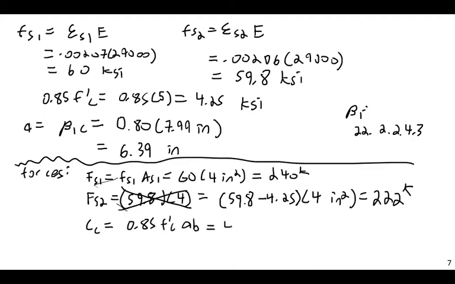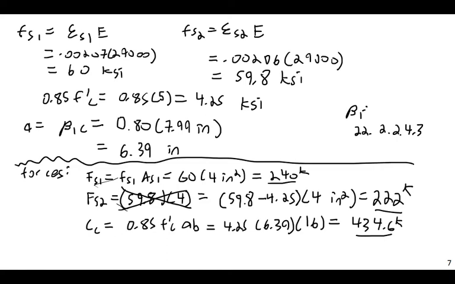So this is 4.25 times 6.39, the depth of our Whitney stress block, times the width of this section, which is 16. And that comes to 434.6 kips. So I now have three forces: the force in the tension steel, the force in the compression steel, and the actual net equivalent force in the concrete.